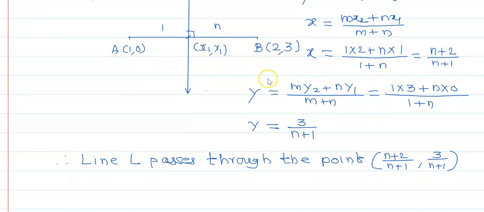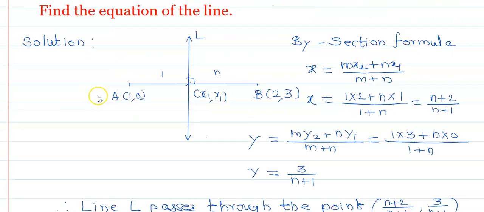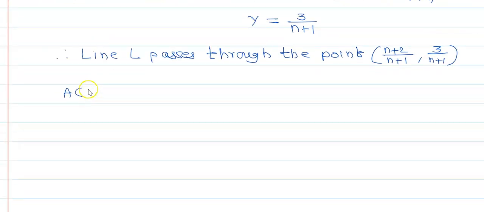(2, 3). Therefore the slope of AB, what are the coordinates of A? The coordinate of A is (1, 0) and B is (2, 3).